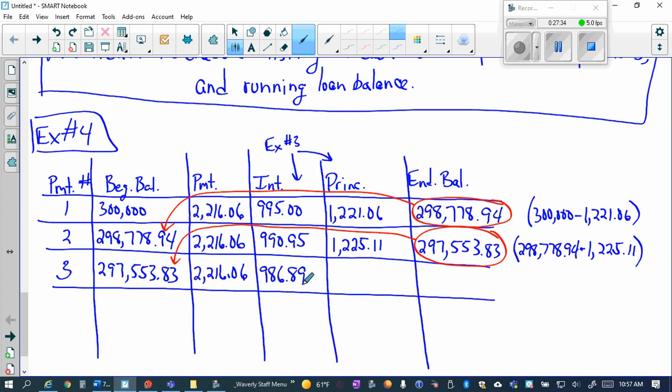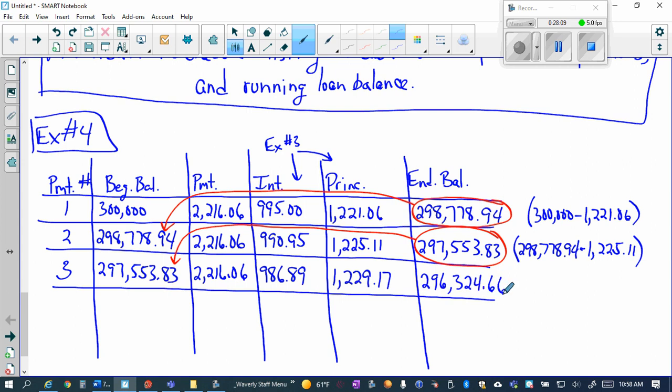So we just do 2216.06 minus that 986.89, and now our principal portion is 1229.17. And now we have a new ending balance. So now we do 297,553.83 minus this principal portion of the payment, 1229.17. And we end up with 296,324.66.